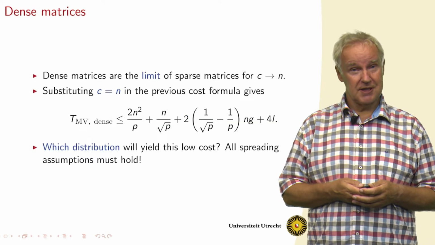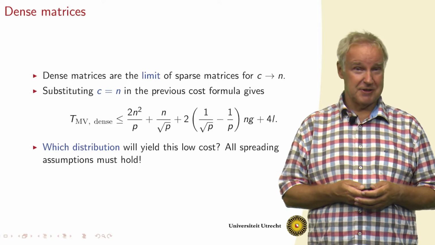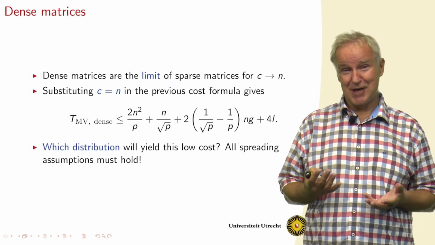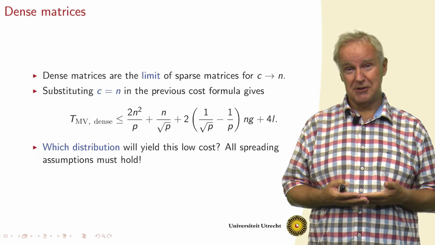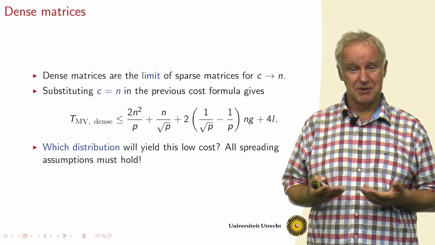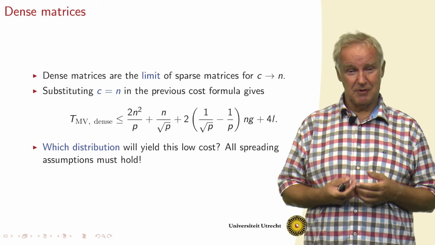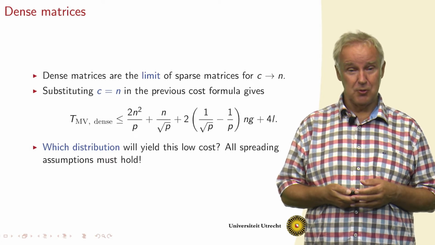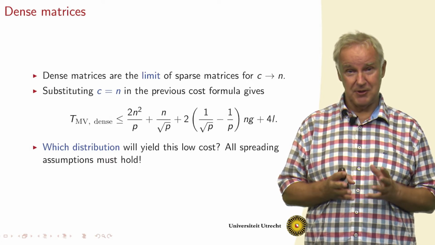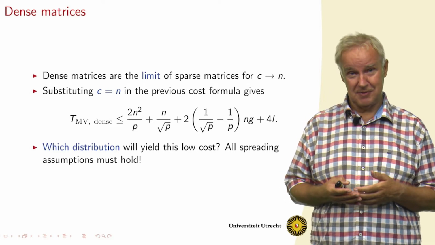Now we can use this also for dense matrices, because dense matrices are the limit of sparse matrices, where C goes to n, the number of non-zeros per row becomes n. And if we substitute C equals n into our formula, we see that we get a main term of 2n squared divided by p, which is really of an order of magnitude larger than the other terms.